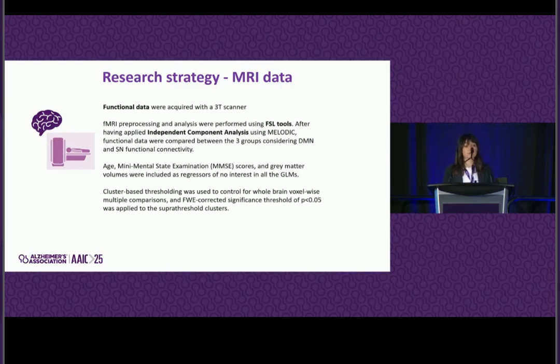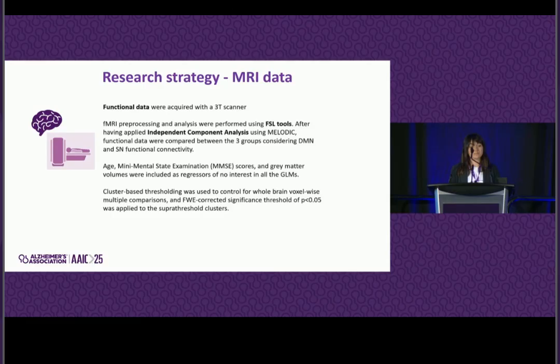All patients underwent a 3D scan and an acquisition of functional data. fMRI preprocessing and analysis were performed using FSL tools, and we applied an independent component analysis using Melodic, and functional data were compared between the 3 groups, considering DMN and salience network functional connectivity.